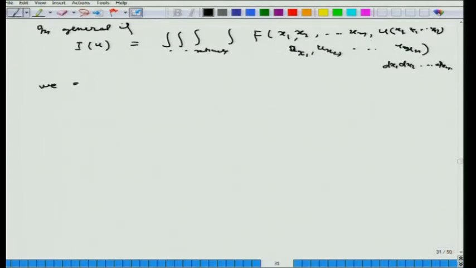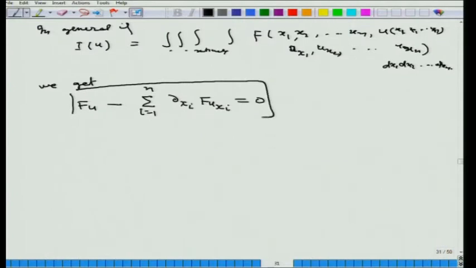We get f_u minus the sum over i equal to 1 to n of del_{xi} of f_{u_{xi}}. So, this is what we get here for the general case. So, let us put it as 12.5.